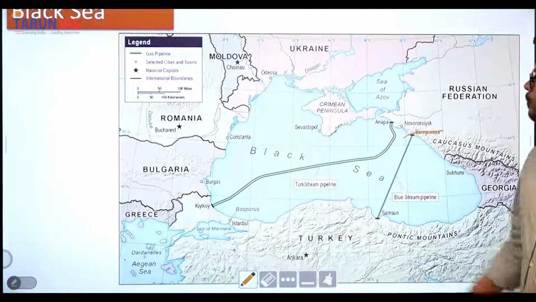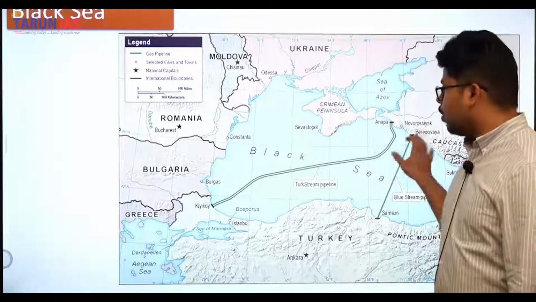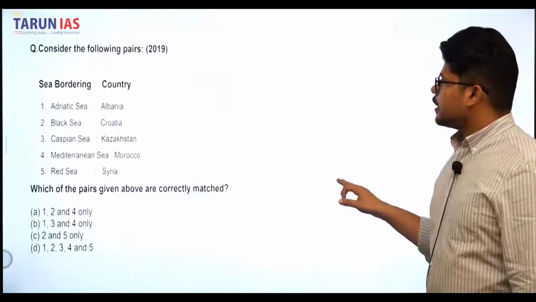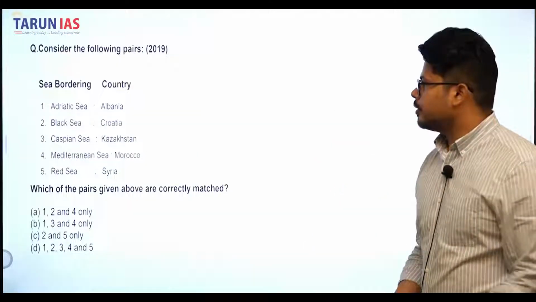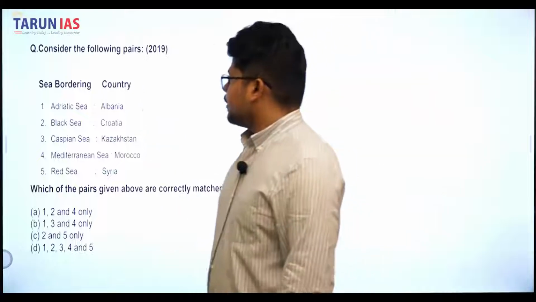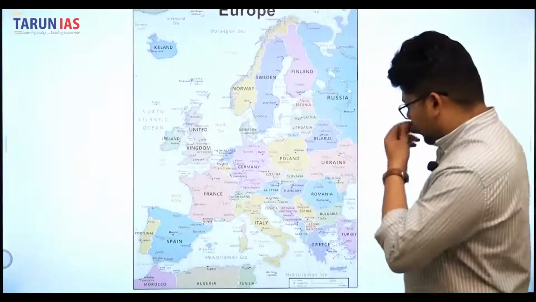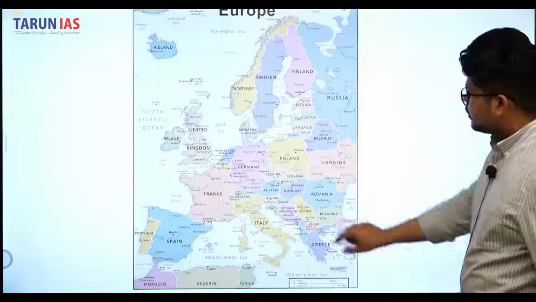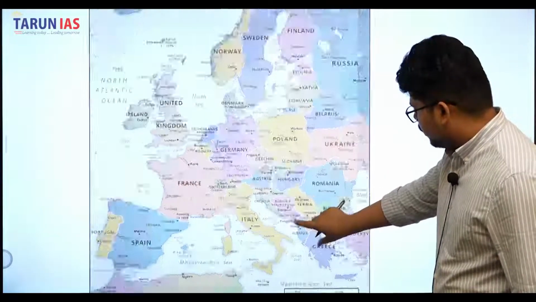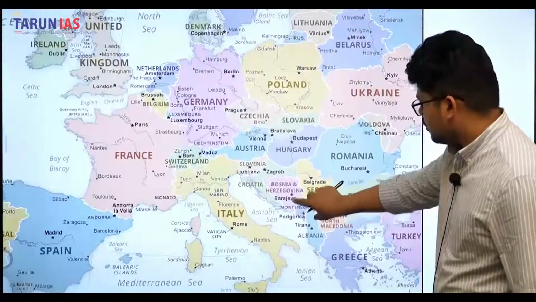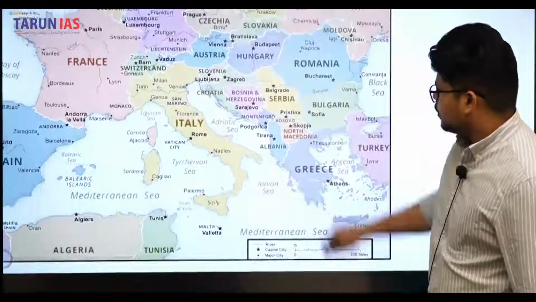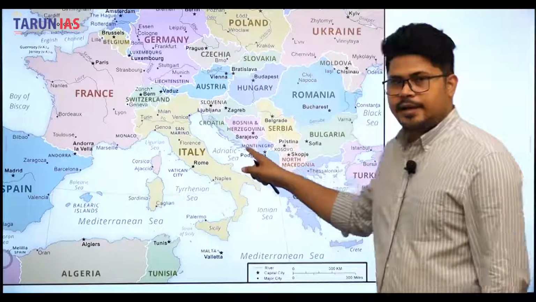Now we'll be taking one previous year question on mapping. It came in 2019, a very recent question. Sea bordering and country, Adriatic Sea. If we look at this map of Europe, this is Adriatic Sea.